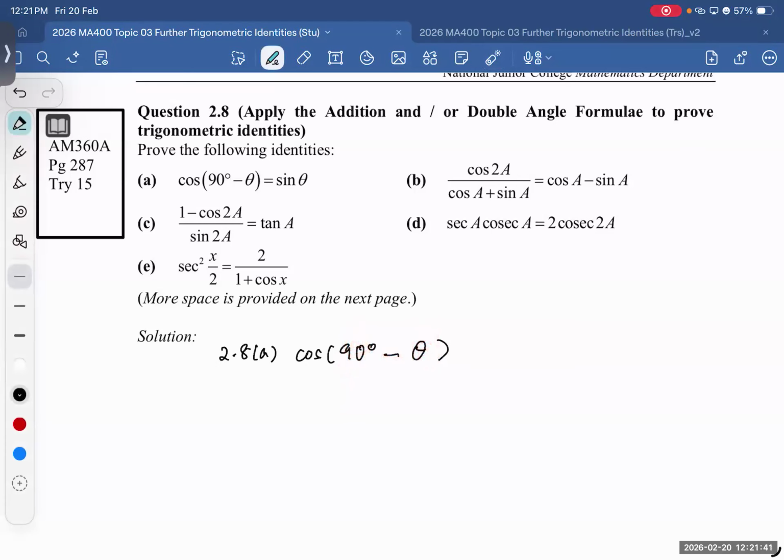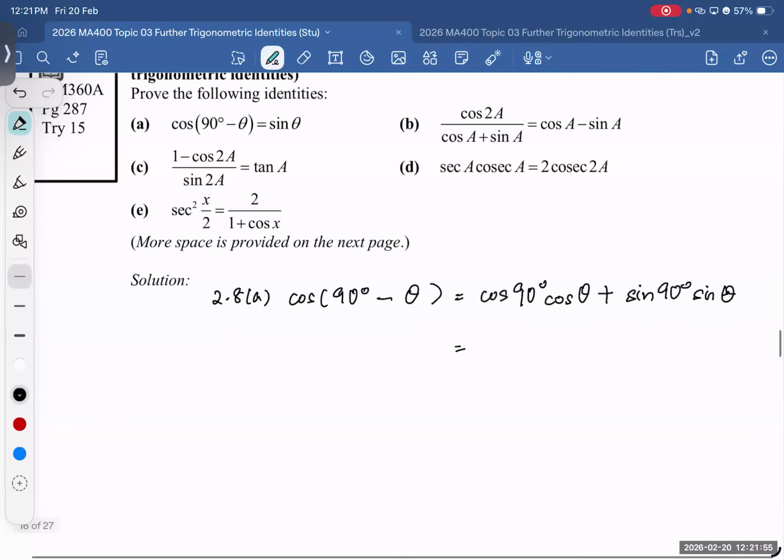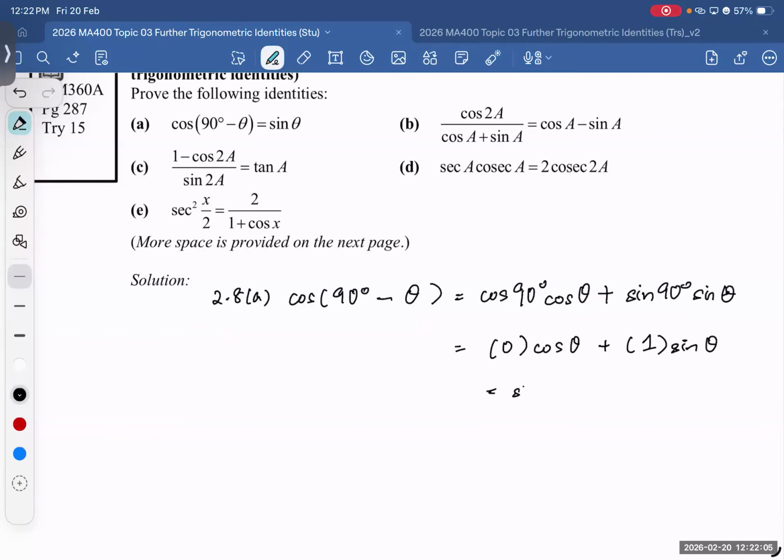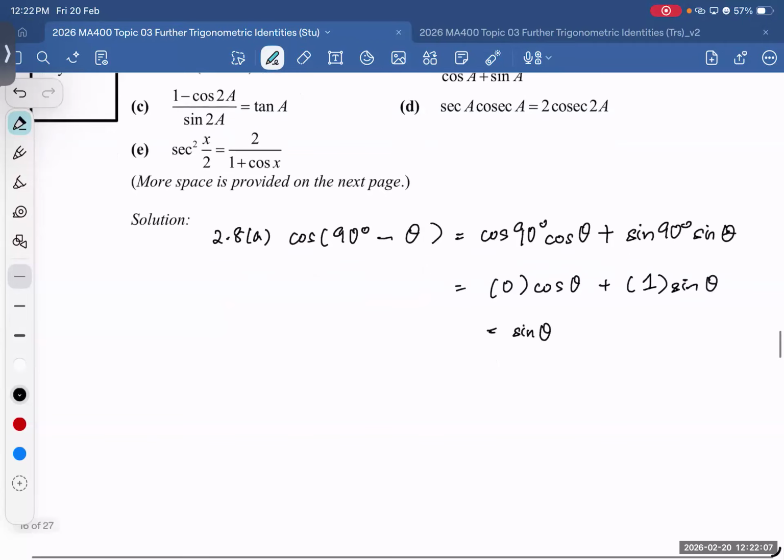So this is the same as cos A cos B. Remember, cosine is a naughty boy. So plus sine A sine B. What is cosine 90? It's basically 0. What is sine 90? It's basically 1. Right? So it's like 0 multiplied by cos theta plus 1 multiplied by sine theta. I'm being naggy here. So that is sine theta.